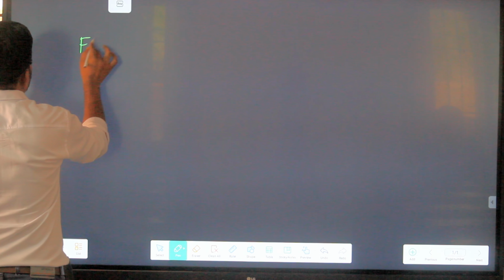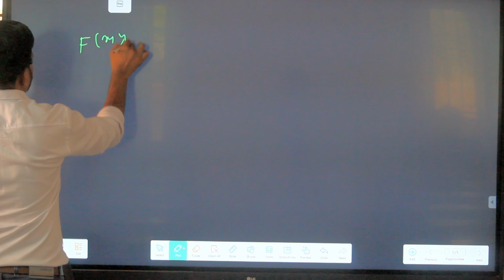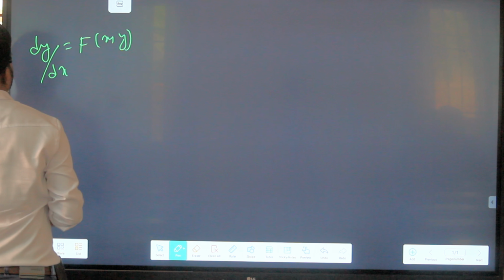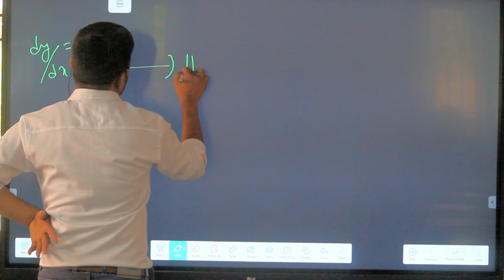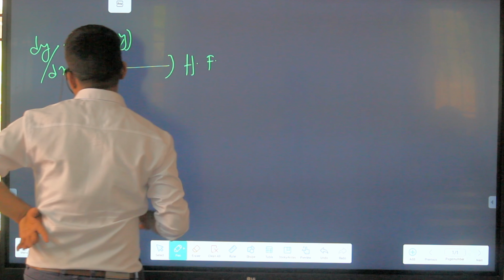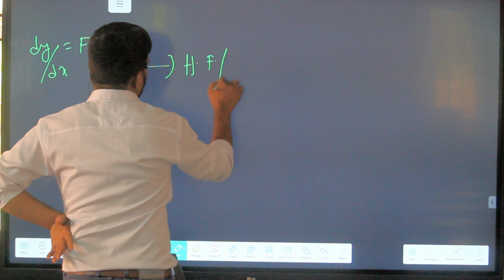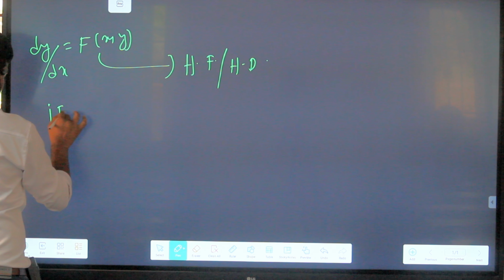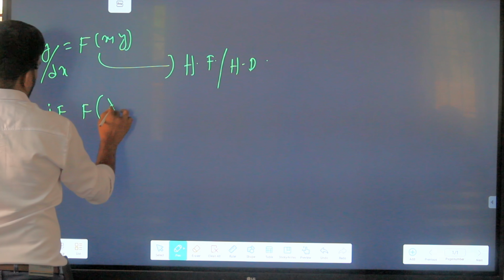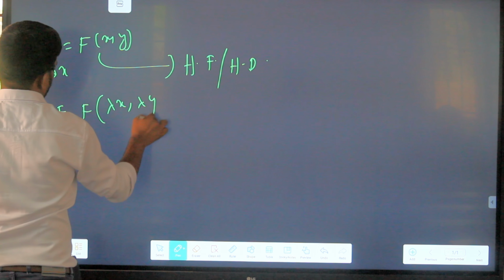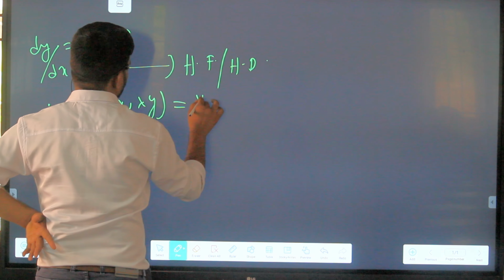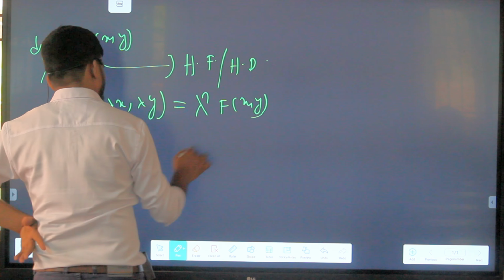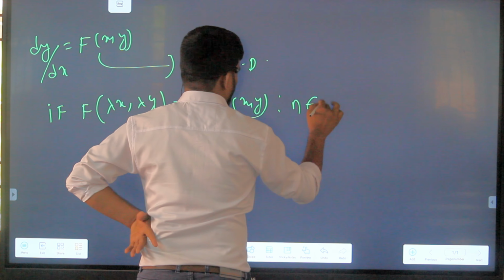For example, suppose I have a function f(x) dy/dx equals f(x, y). Then f(x, y) is called a homogeneous function, and this differential equation is called a homogeneous differential equation if f(λx, λy) equals λ^n f(x, y), where n belongs to the natural numbers.